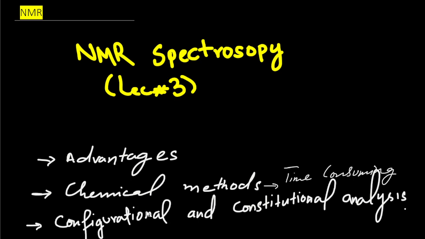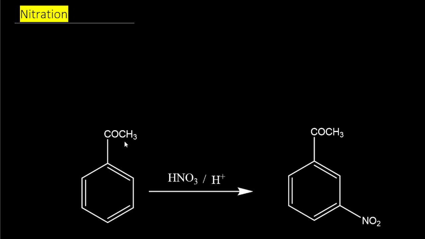Then we know that NMR spectroscopy is used for configurational and constitutional analysis. So let's go to the practical part, and first we will study a reaction known as nitration. This is acetophenone, a ring, and we react it with nitric acid.